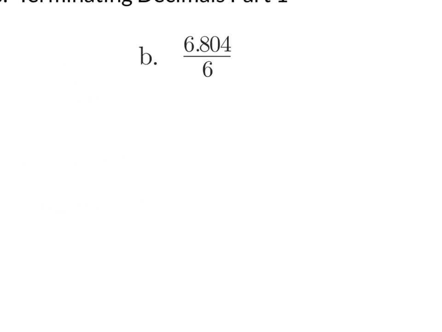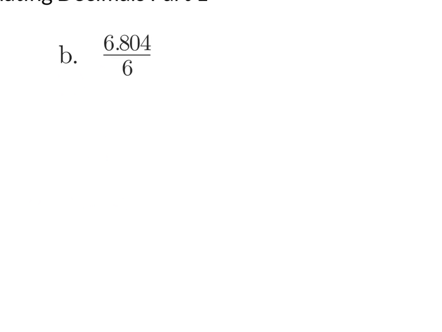All right, let's come over to B. B, we have 6.804 divided by 6. My top number, again, is going to go inside. My bottom number goes outside. So we go ahead and start our division. What's the first number I can divide by 6?